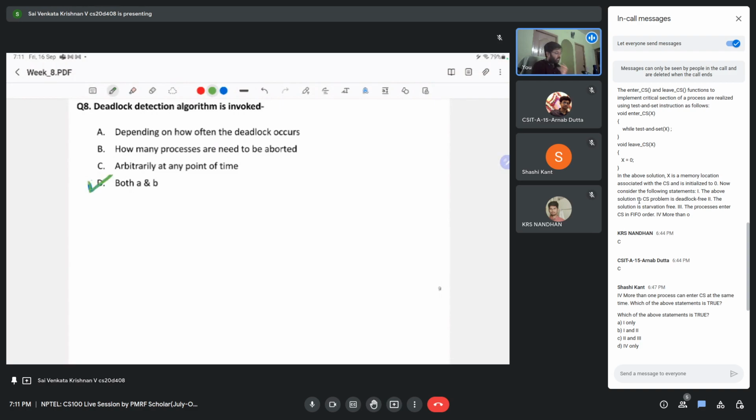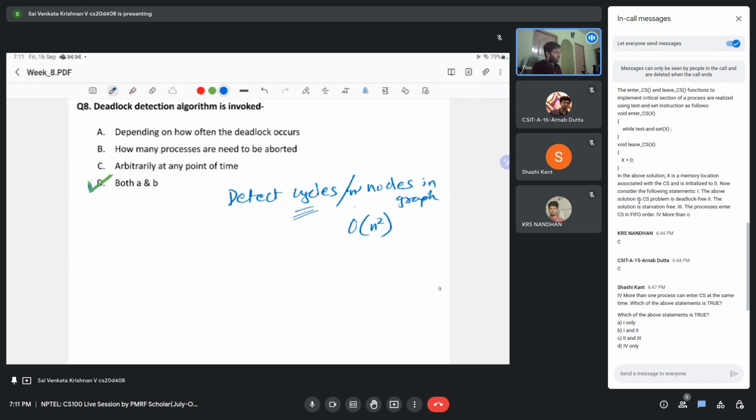The reason being, the deadlock detection algorithm is a costly algorithm, as in you have to detect the cycles. If there are n nodes in the resource allocation or wait-for graph, then the upper bound of the complexity of detecting these cycles is O of n square.